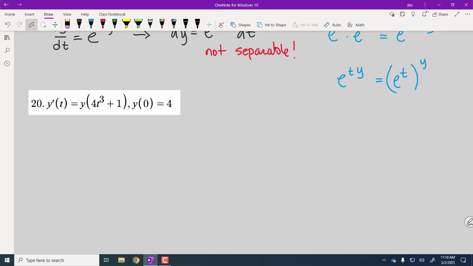All right, you all try this one. Try 20. See if you can separate it and find the general solution.